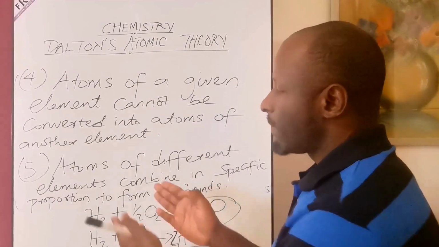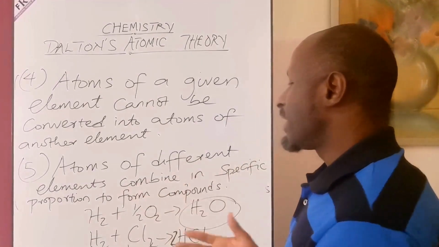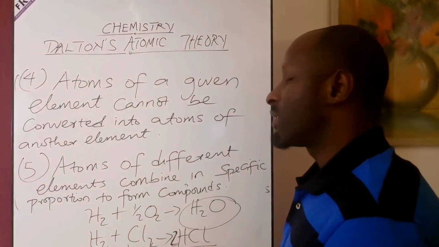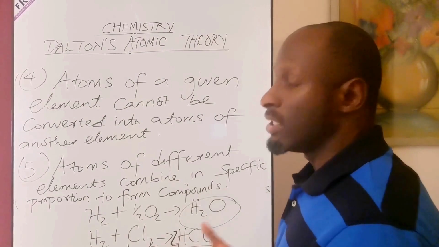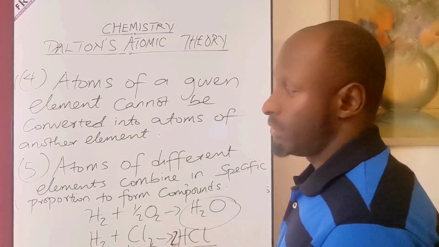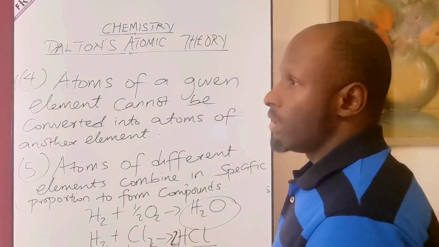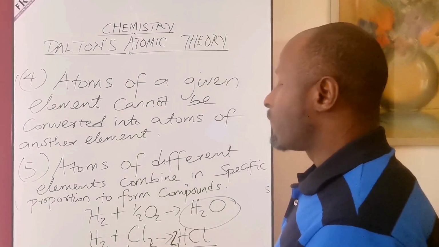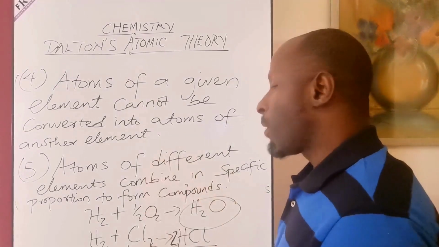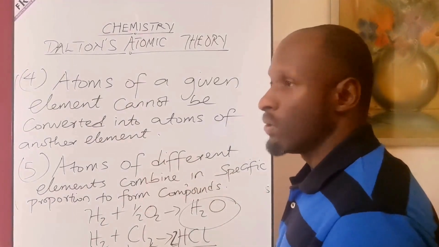Then, this particular point, that atoms of different elements combine in specific proportion to form compounds, till today, it still stands true. It has not been changed. It is constant that atoms of different elements combine in specific proportion to form compounds.